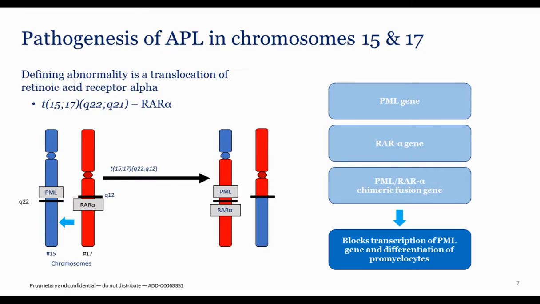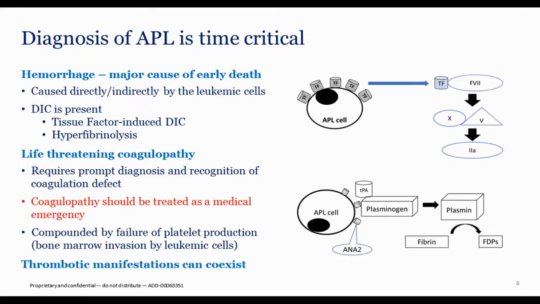So this then results in the formation of a fusion protein or chimeric protein, and this protein leads to transcriptional repression and arrest of differentiation of the promyelocytes. So the promyelocytes get stuck in the promyelocyte stage and they don't continue on in their differentiation pathway.